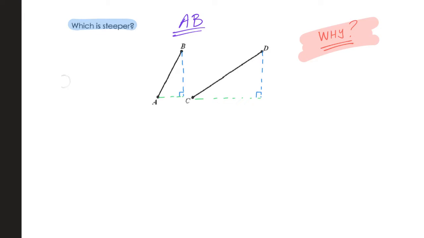It actually also has to take into account those green dotted lines. And so to answer the why question of why is AB steeper than CD, even though it's imperfect, we could say something along the lines of that it rises faster than CD.